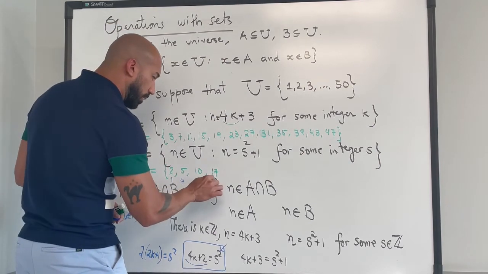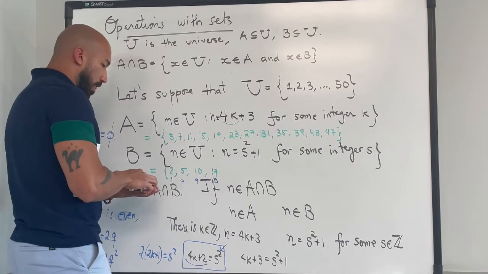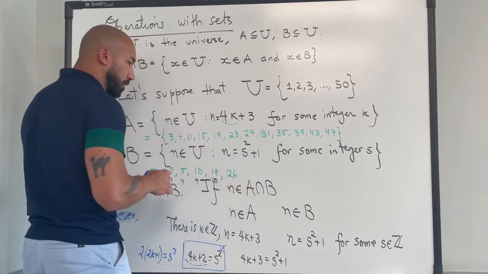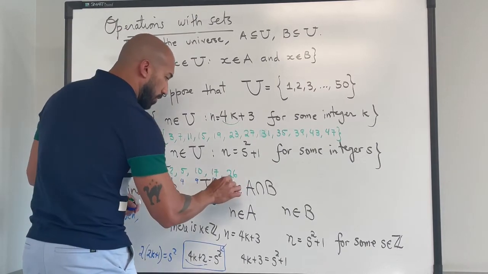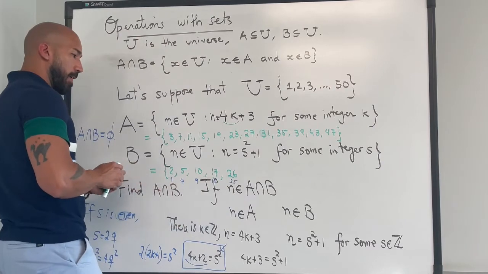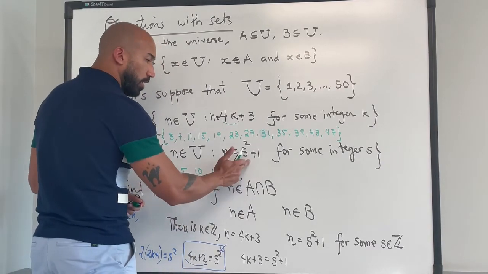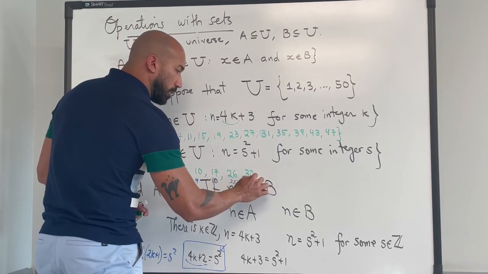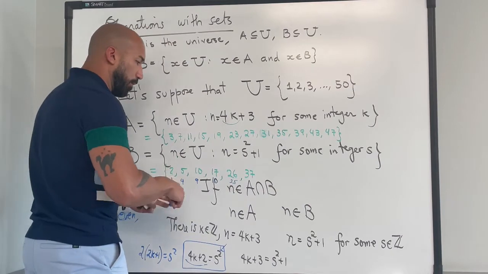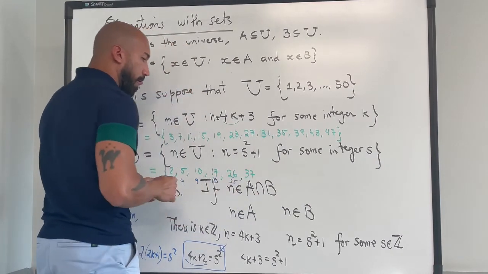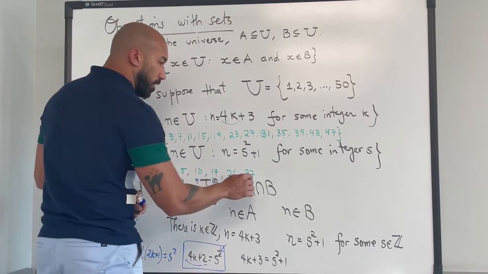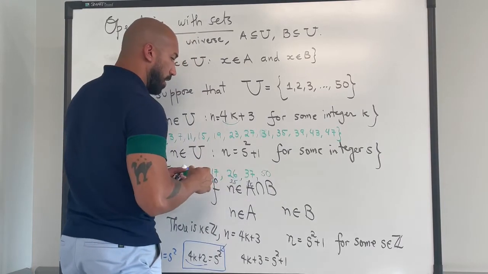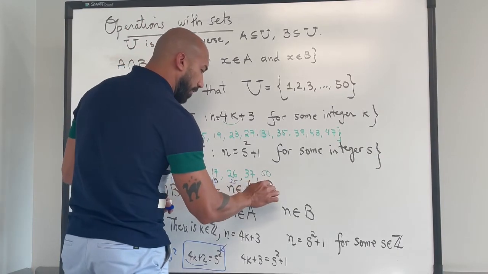The perfect square is going to be 16. 5 is going to be 25 plus 1, 26. 25. 6 is going to be 36 plus 1, 37. The perfect square is 36. And 7 is going to be 49 plus 1, 50. Perfect square is going to be 49.